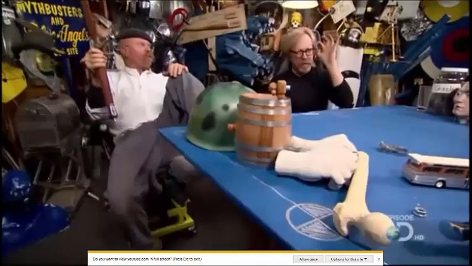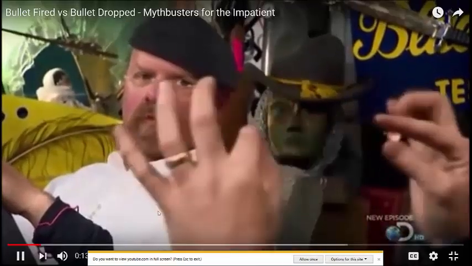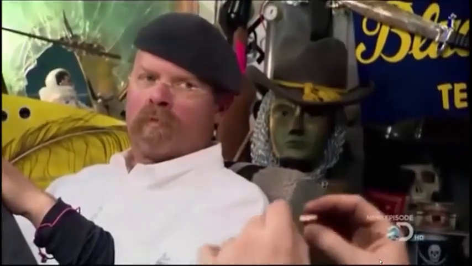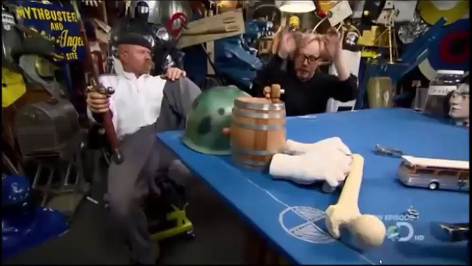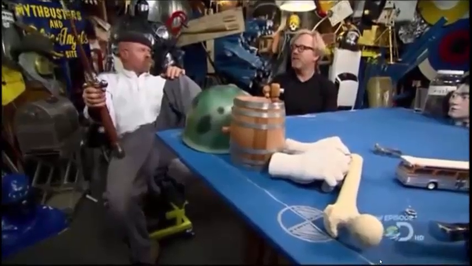What you got there? This is a good one. Picture two bullets, each exactly the same distance from the ground, each released at the exact same second, except one bullet is dropped to the ground, the other is fired from a gun. The classic physics thought experiment states that both bullets will hit the ground at the same time. Based on what theory? Based on the theory that the bullet that's fired from the gun has no wings on it, no lift.